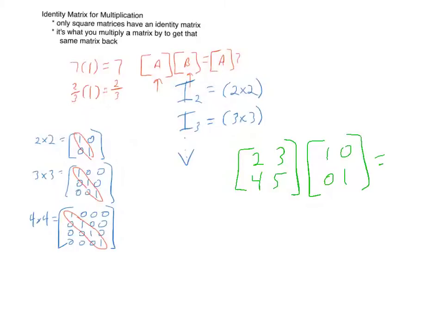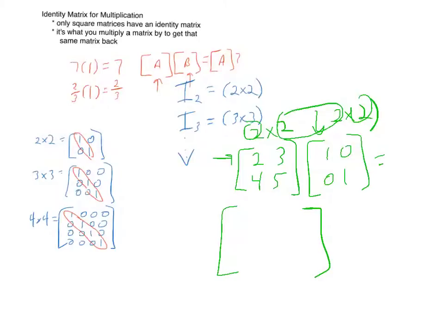First off, remember it's a 2 by 2 times a 2 by 2. The middle numbers are the same, so we can multiply it, and our resulting matrix is going to be the outside numbers, which is also a 2 by 2.